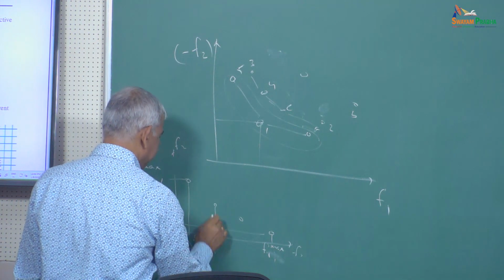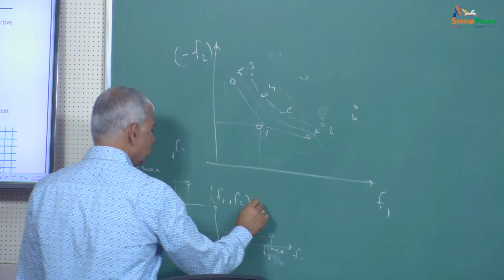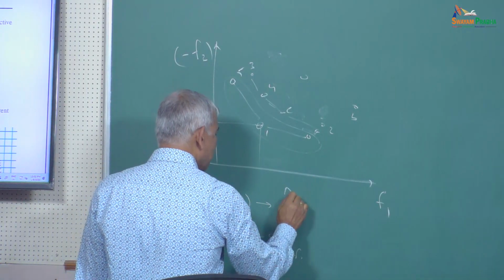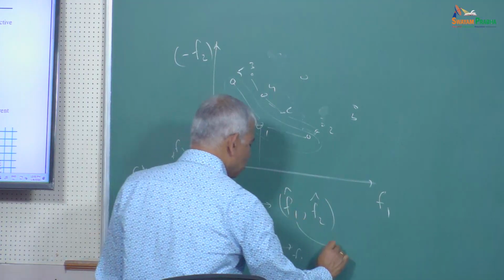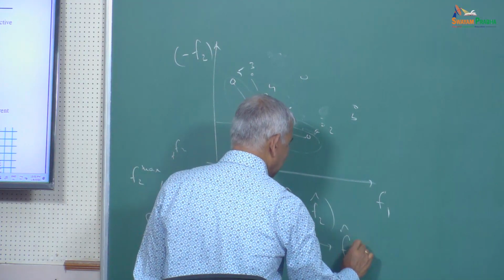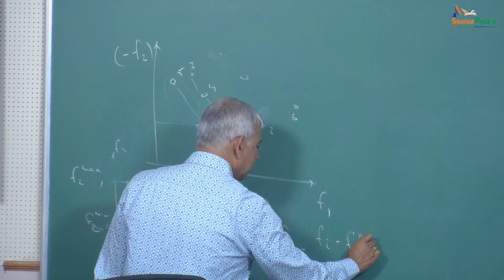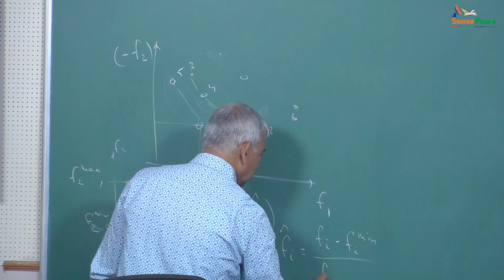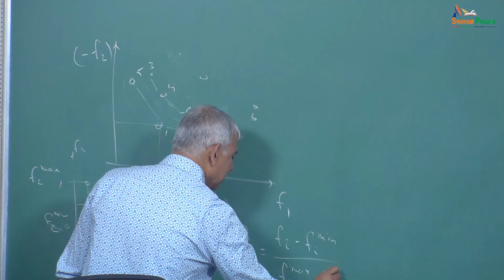Then any point with f1, f2 can be mapped to f1 hat, f2 hat, where each fi hat is fi minus fi min over fi max minus fi min.